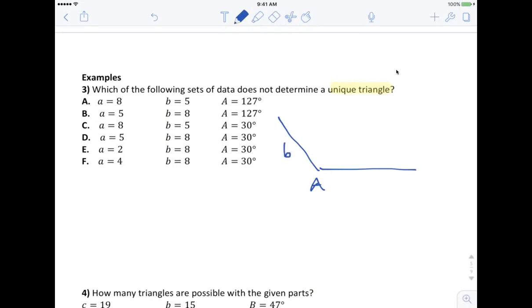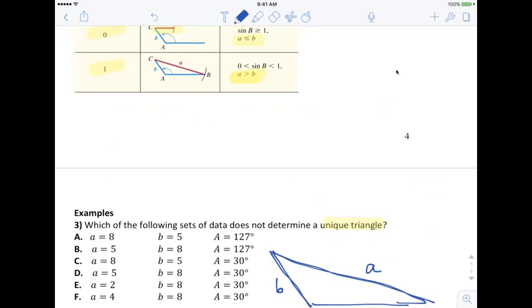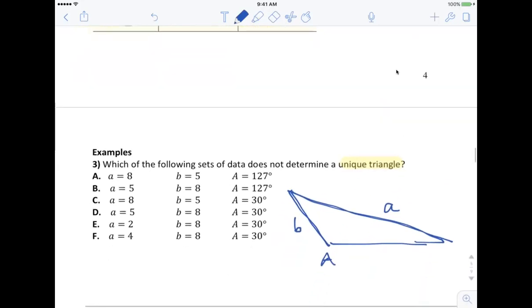And then a is opposite big A. Okay, so that's what's given. Now notice here for part a, a is bigger than b. a is 8 and b is 5. So that's what I have drawn. So that's that last scenario. a is larger than b, you have 1 possible triangle.